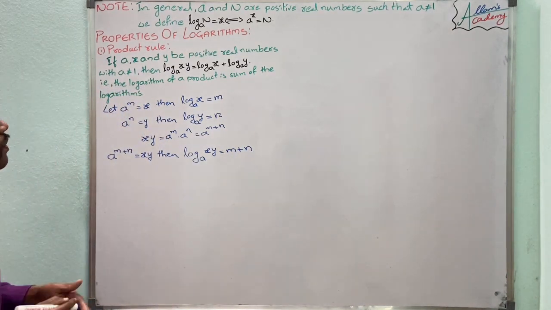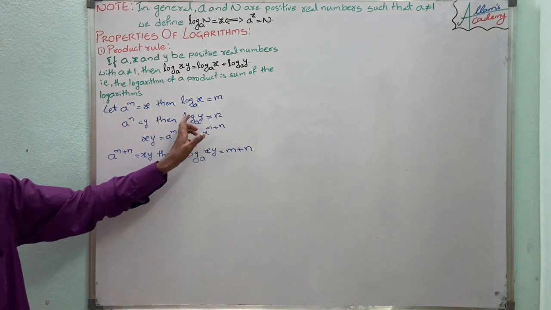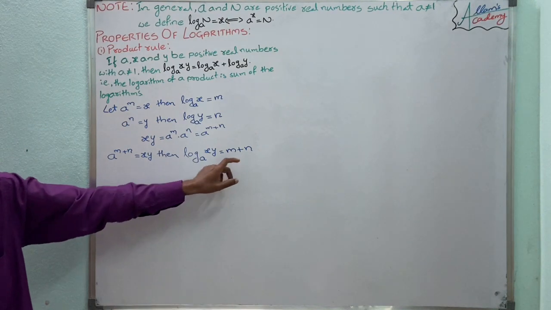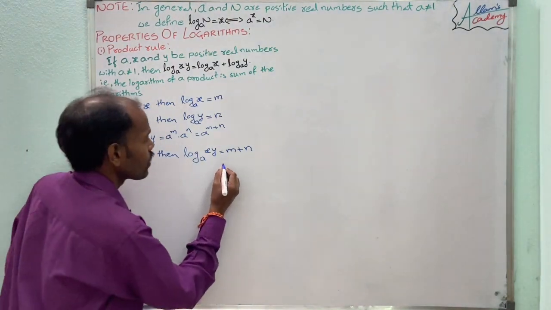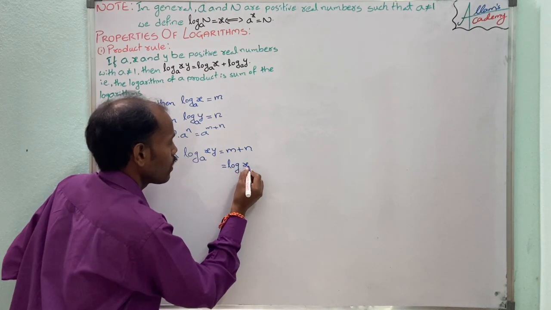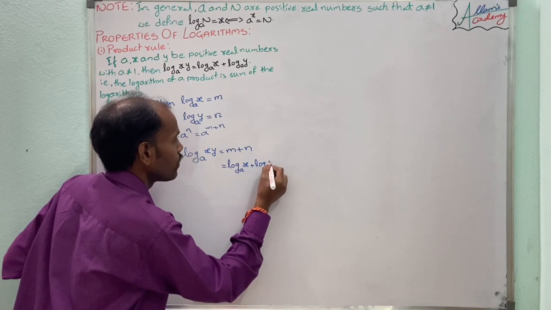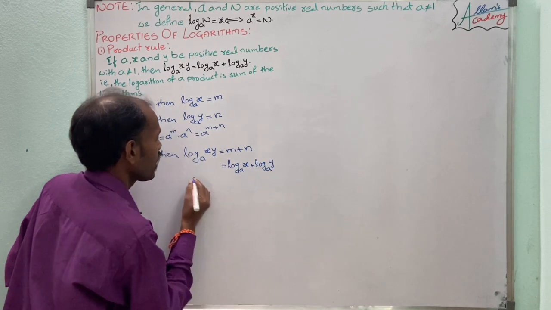So here we know that the m value is log x base a and the n value is log y base a. So now we write log x base a plus log y base a.